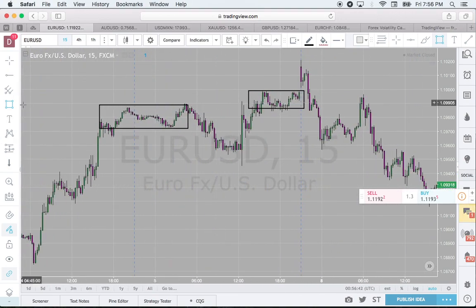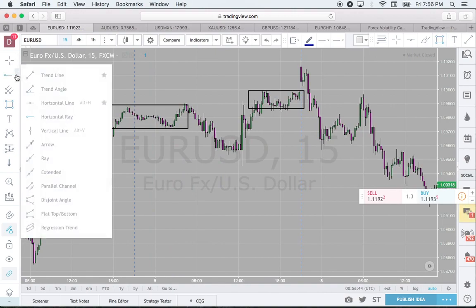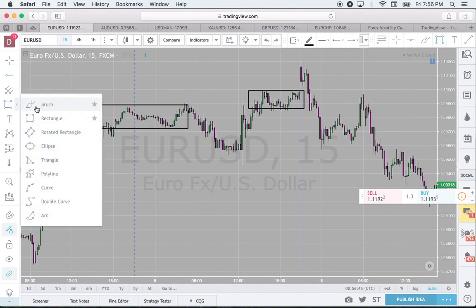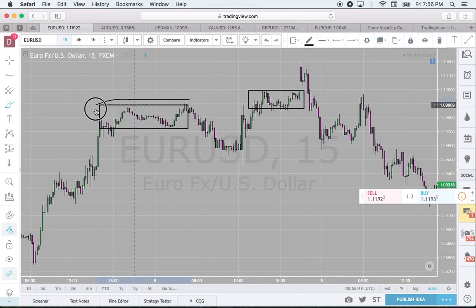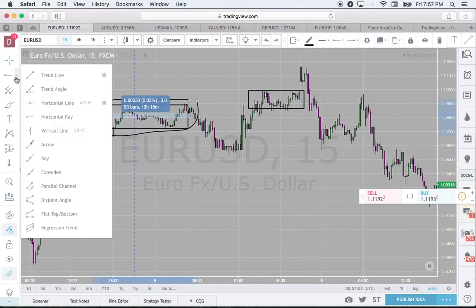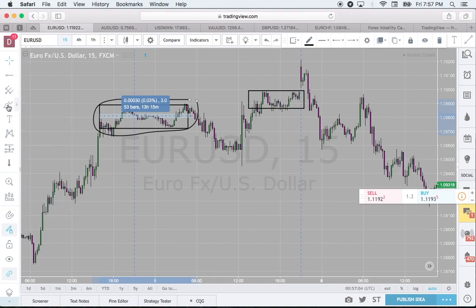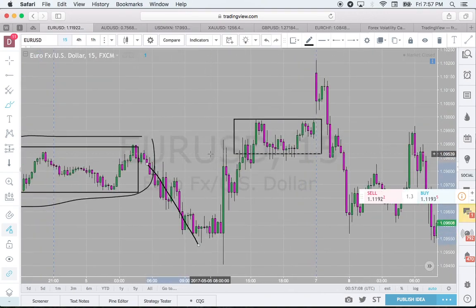So we can see after consolidation, this consolidation period lasted about 12 or 13 hours and then broke out to the low, created a low.